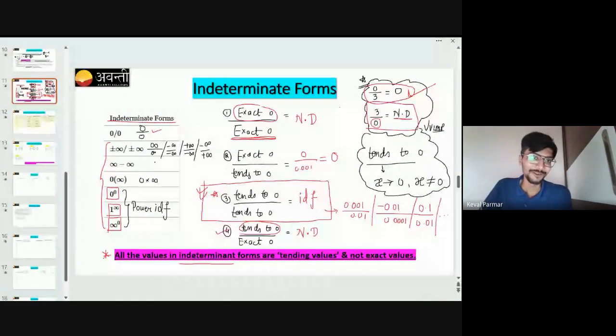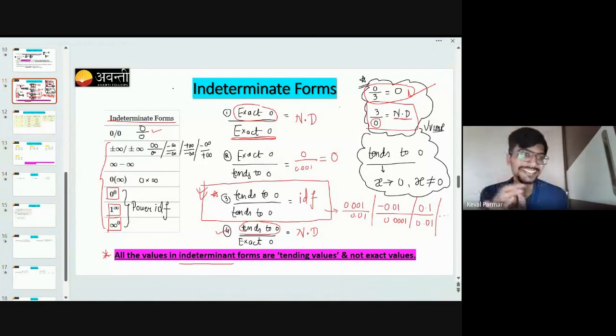We cannot just cut infinity upon infinity and write it as one. Let me give you a very simple example. The way I understand the infinity upon infinity form is, suppose I somehow reach infinity, and let's say that value is 5 crores. Let us consider 5 crores as infinity.